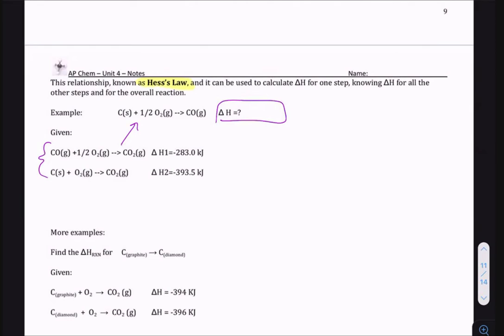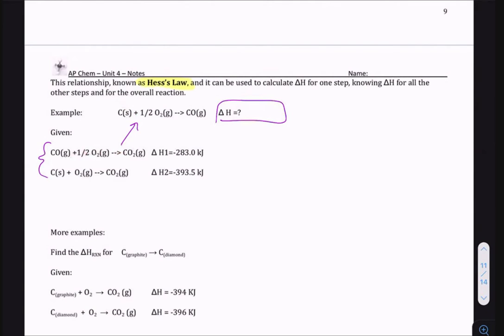So I can manipulate these two to eventually get the unknown value. It's just some really simple rules. All you have to do is take a look at the given equations, and make sure that your reactants and products are on the correct sides. And then if things cancel out and add up, then you're done. Okay, so from left to right. My first reactant in this unknown equation is carbon solid.